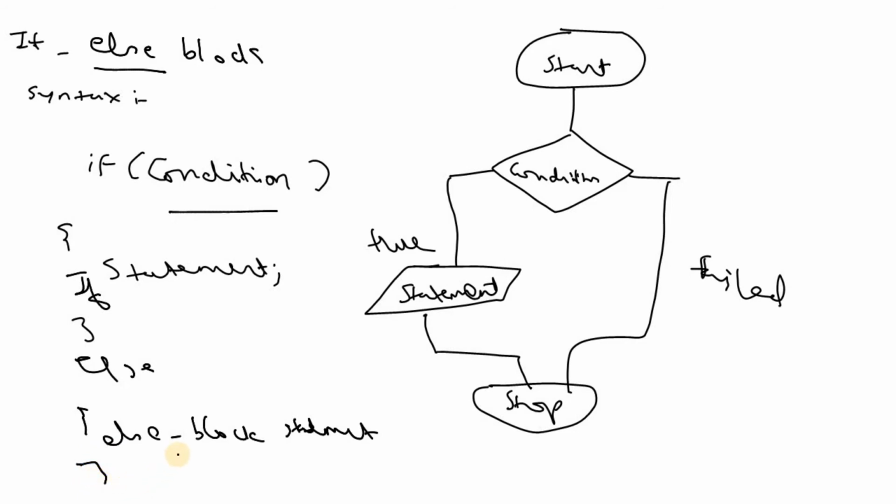But here, among if block or else block, only one block executes at a time. If the condition is true, the if block statement executes. And if the condition is false, then the else block statement executes. So here, is it mandatory?